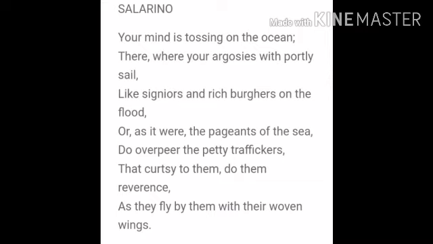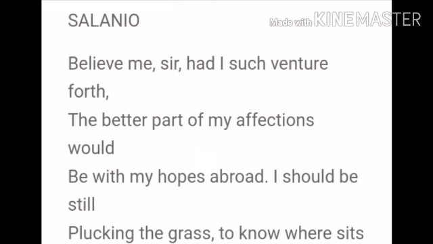By doing so, by moving aside, the small ships are showing their respect or their reverence to the big ship of Antonio. As they fly by them with their woven wings, meaning, and then Antonio's ship will be flying by them, meaning moving fast with their decorated canvas sails. Woven wings means decorated canvas sails.